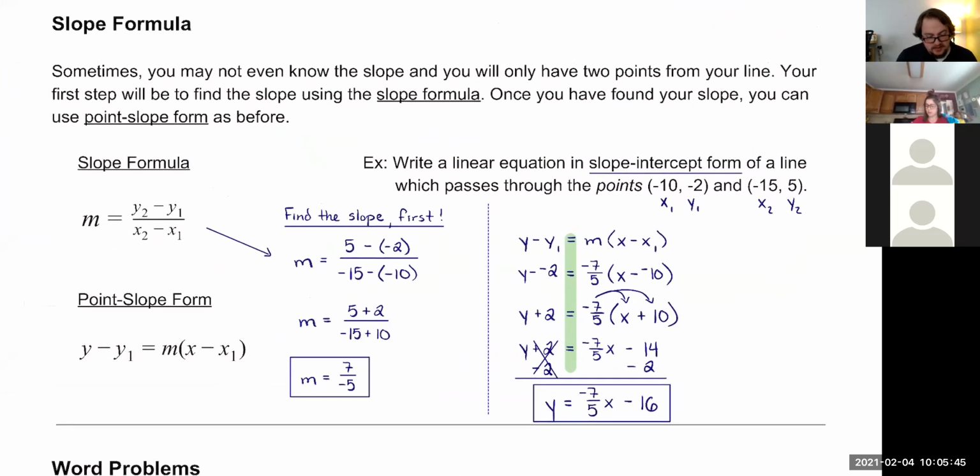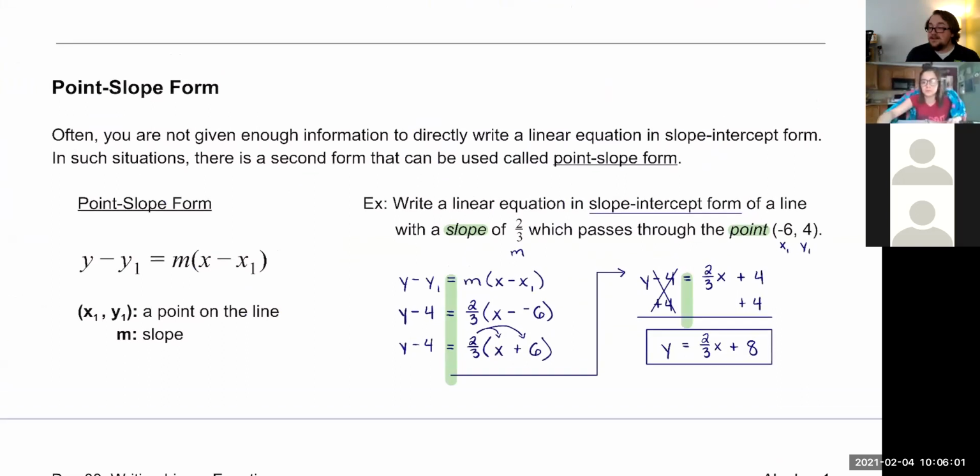So just a quick summary there. That process depends on the information that you're given. Oh, I should turn the screen on, shouldn't I? Thanks for looking out, I got it. Look at the past two ones. If you already have a point and the slope, you're good for point slope form.